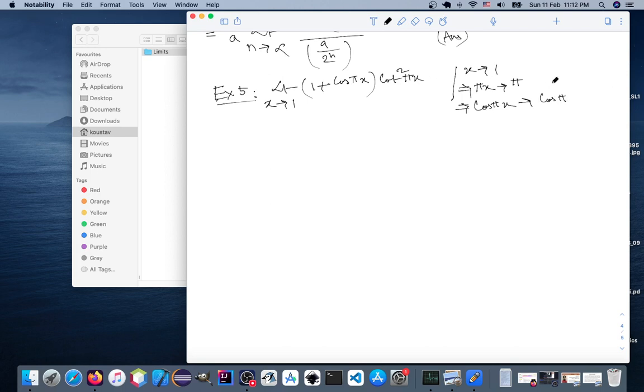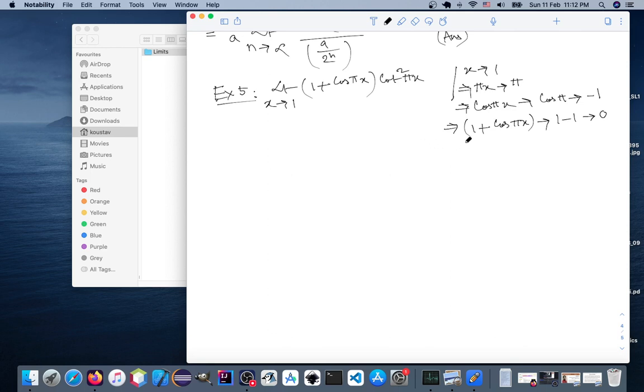What is cos pi? Cos pi is minus 1. This implies 1 plus cos pi x tends to 0.